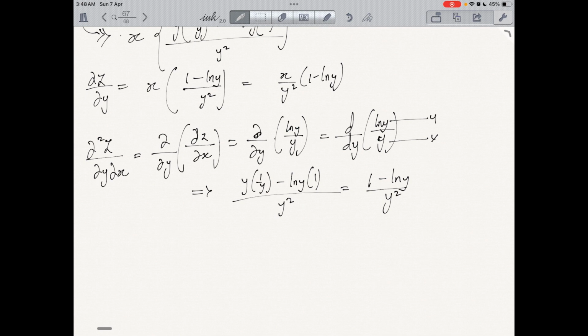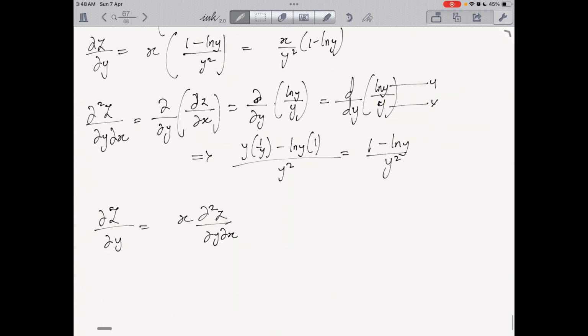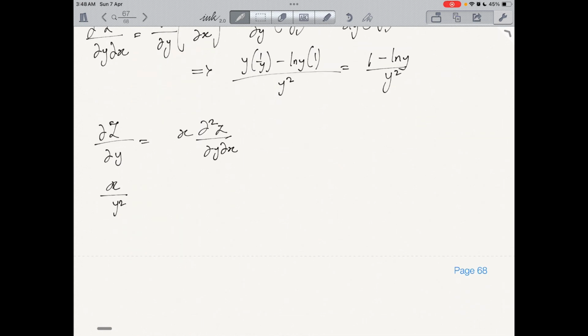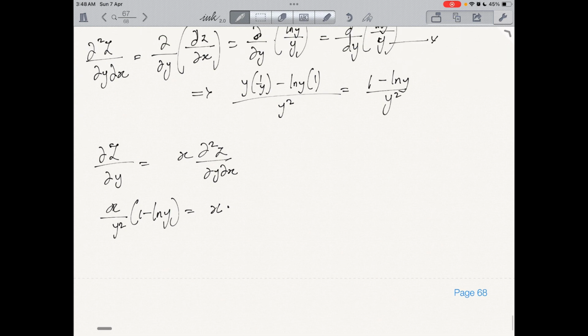Therefore, since we are asked to prove that ∂z/∂y is equal to x ∂²z/∂y∂x, our ∂z/∂y is this, x over y squared into (1 minus ln y), multiplied by x, is equal to x multiplied by our ∂²z/∂y∂x, which is (1 minus ln y) divided by y squared.